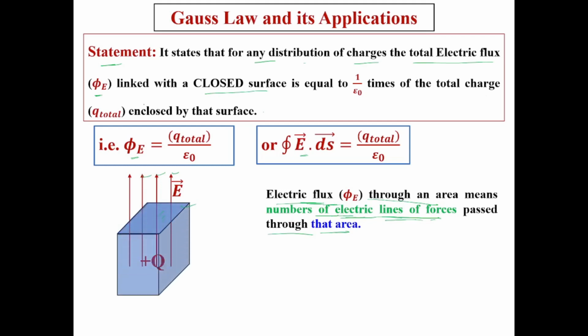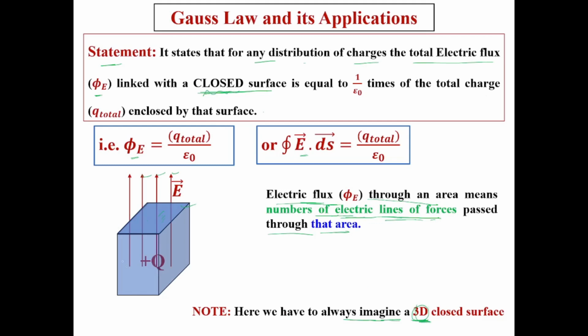And in the statement it has been written that a closed surface, we always have to remember this closed surface should be a 3D one, a 3D closed surface. So always we have to imagine or remember that here the closed surface means a 3D closed surface.